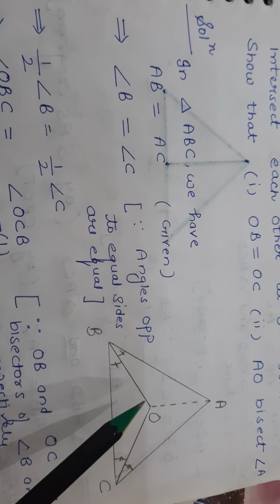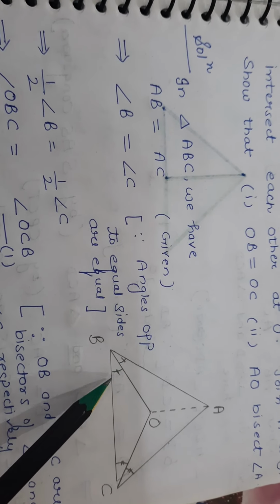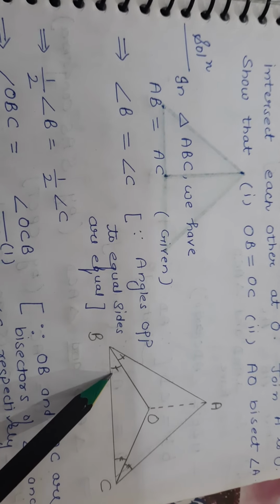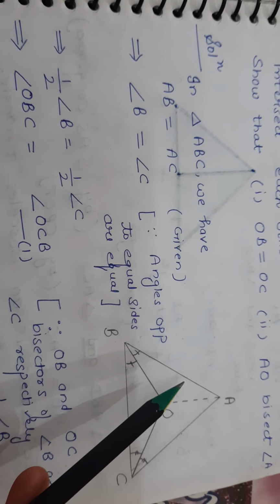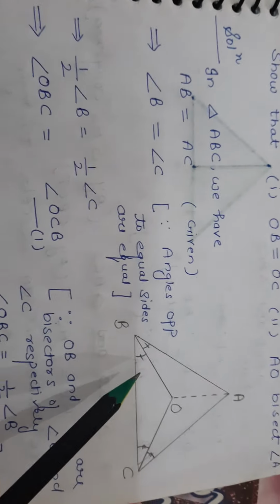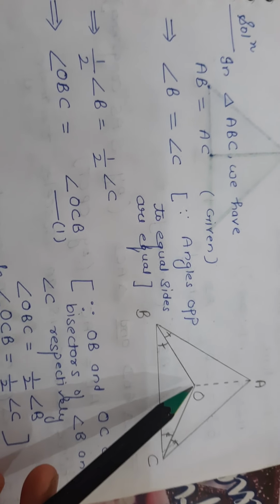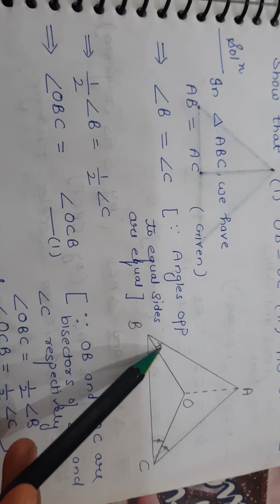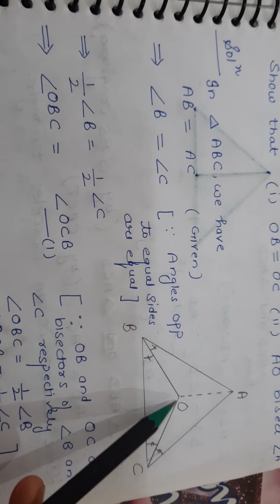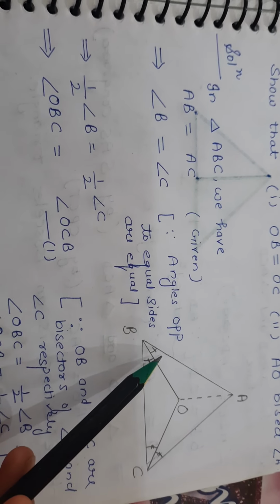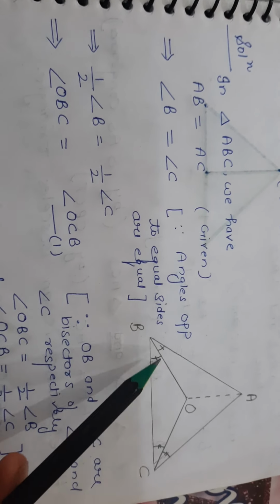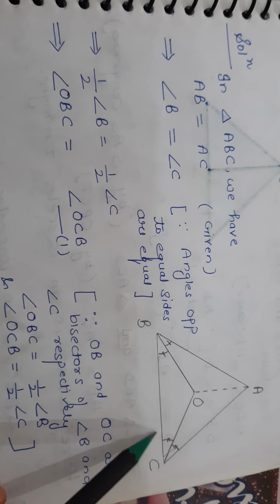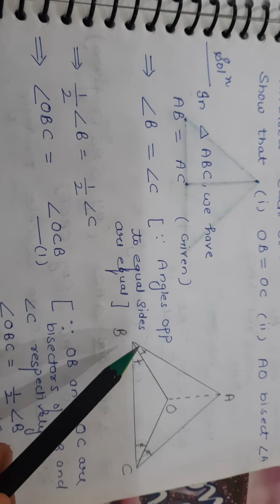Now this BO line is bisecting angle B. That means these two angles are equal. Or we can also write half of angle B is equal to angle OBC, because this angle is divided into two equal parts by this line BO. So half of angle B is equal to OBC, or we can also write OBA.